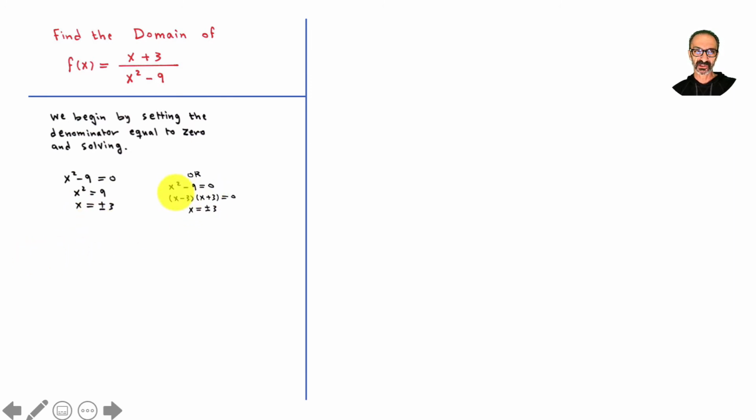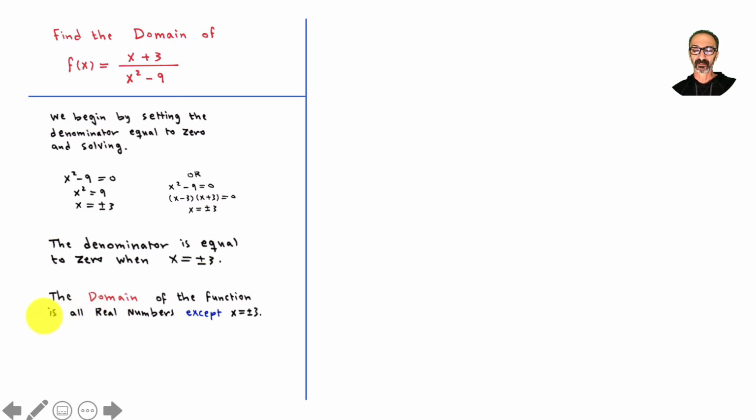Or you could just factor it as a difference of two squares, and you get plus or minus 3. The denominator is equal to 0 when x equals 3 or when x equals negative 3. So the domain of the function is all real numbers except at x equals 3 or negative 3.